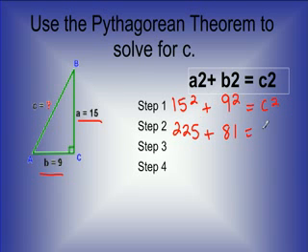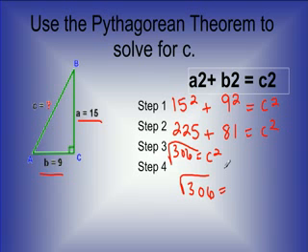And if we add those together, 225 plus 81, we get 306. And now we need to take the square root. So the square root of 306 equals 17.49.